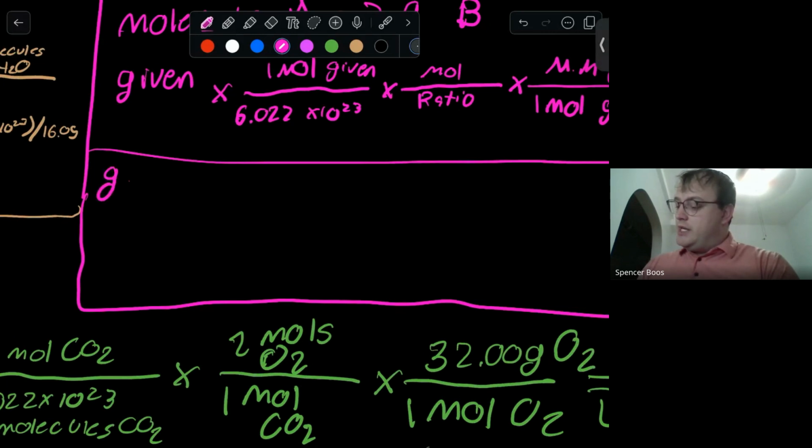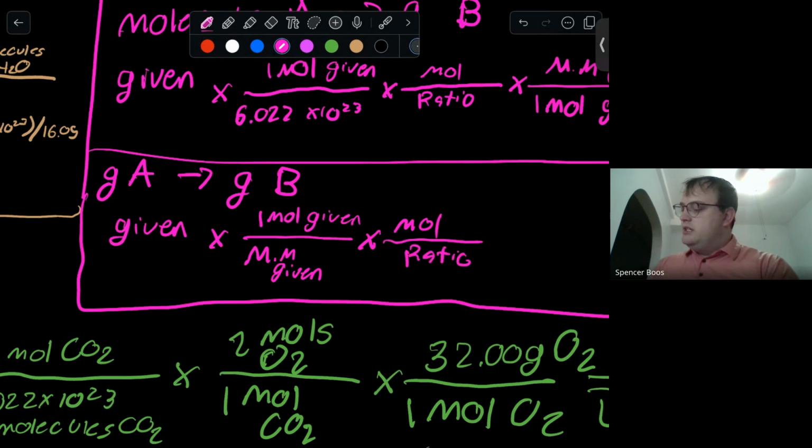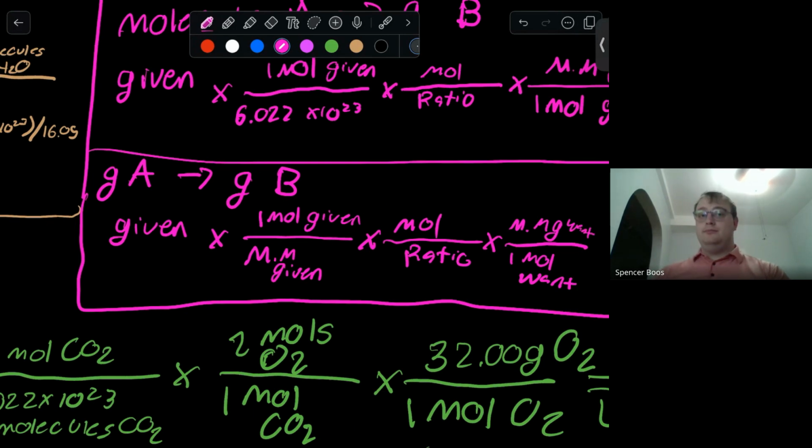If you want to go from grams of A to grams of B, we do our given times our molar mass of given, and that's under 1 mole of given, times our mole ratio, times, we know that in every 1 mole of our want, we get the molar mass in grams of want. So that's just how you do your gram to gram.